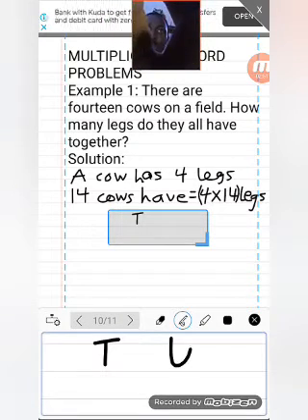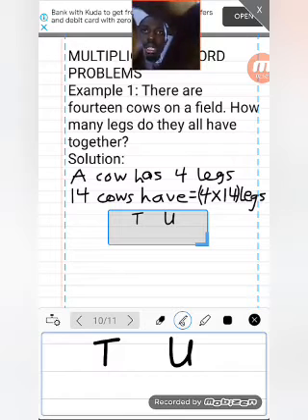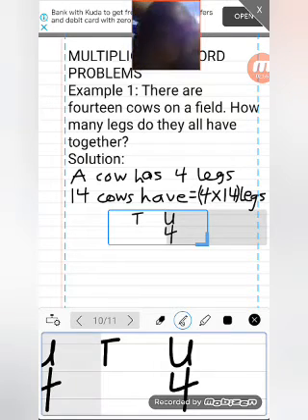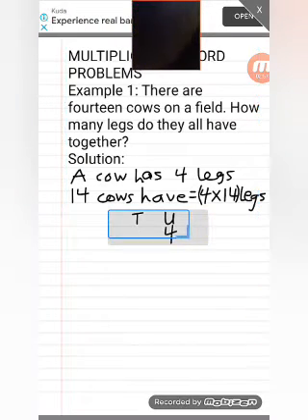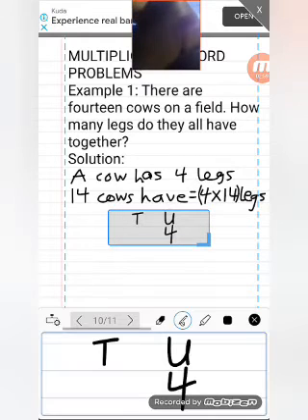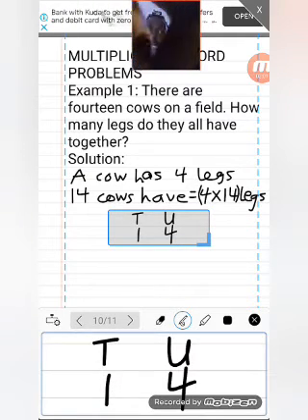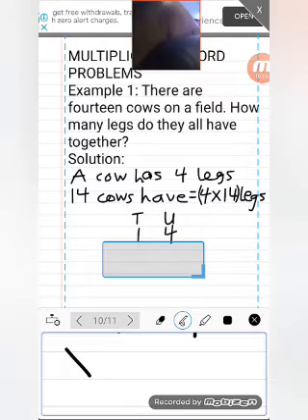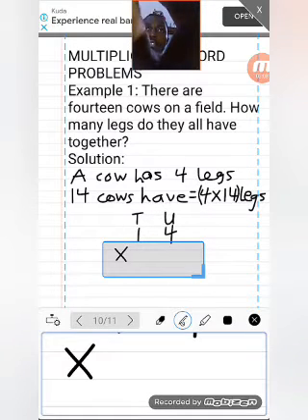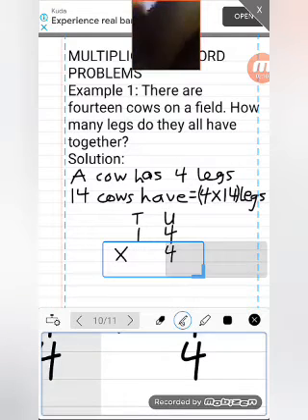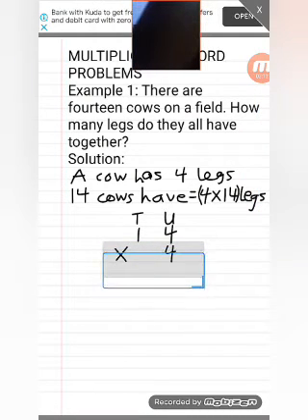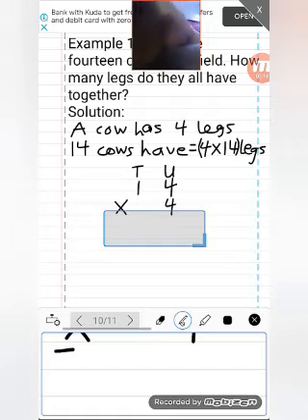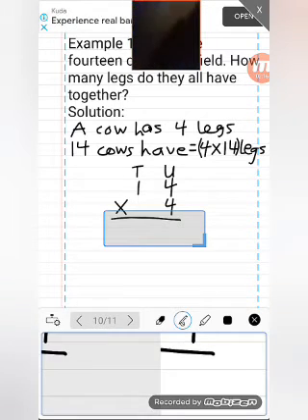There are 2 digits, so it's tens and units. So the 14, we can put 4 here. Then we can put the 1 under the tens. Then we do multiplied by 4. So we underline.